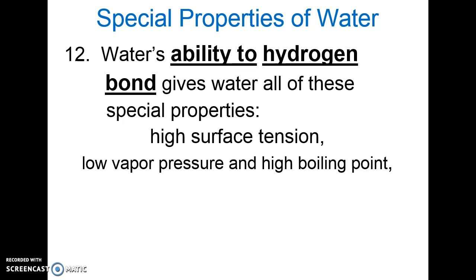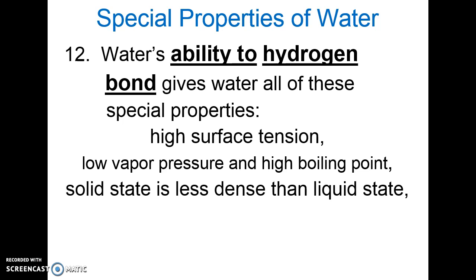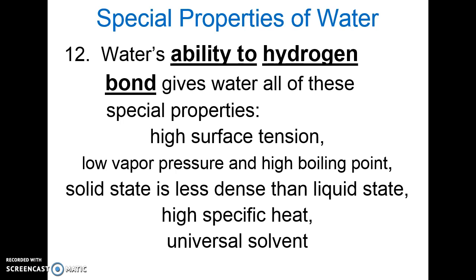Hydrogen bonding. It has low vapor pressure and high boiling point. Why? Hydrogen bonding. The solid state is less dense than the liquid state. Why? Hydrogen bonding. High specific heat. Hydrogen bonding. Universal solvent. Hydrogen bonding. Throughout the notes it's going to ask you, why does water have this ability? And that is your answer, hydrogen bonding.